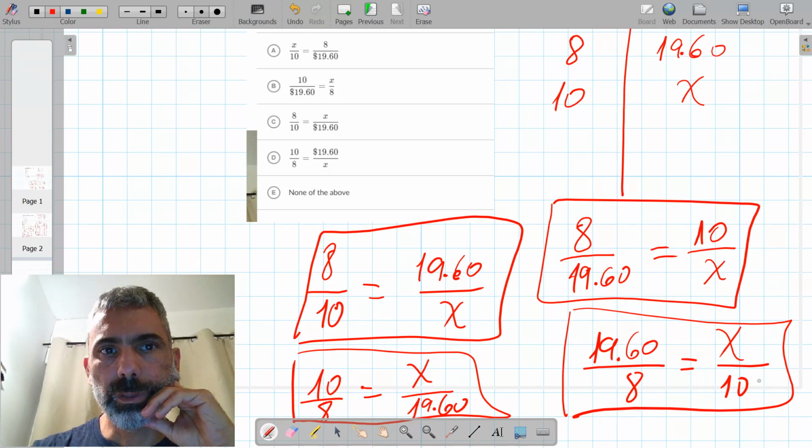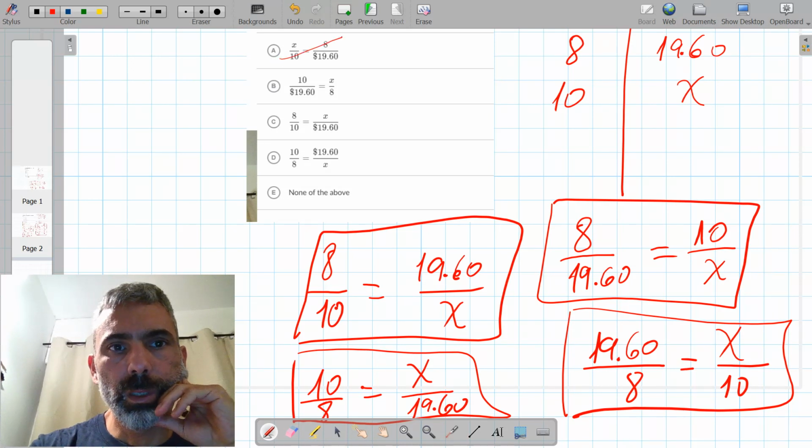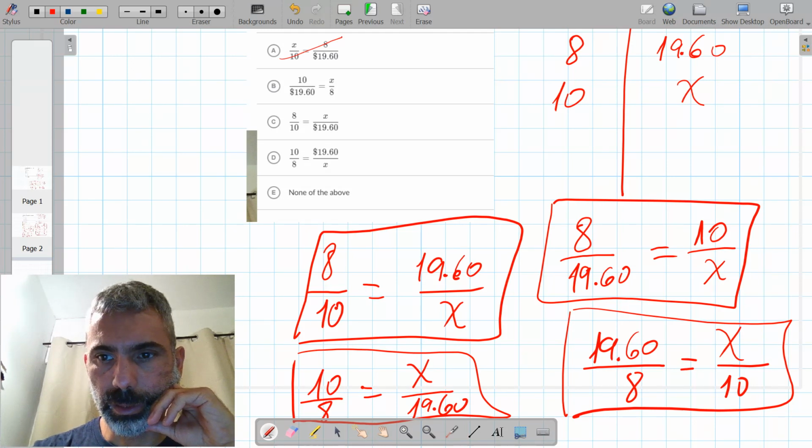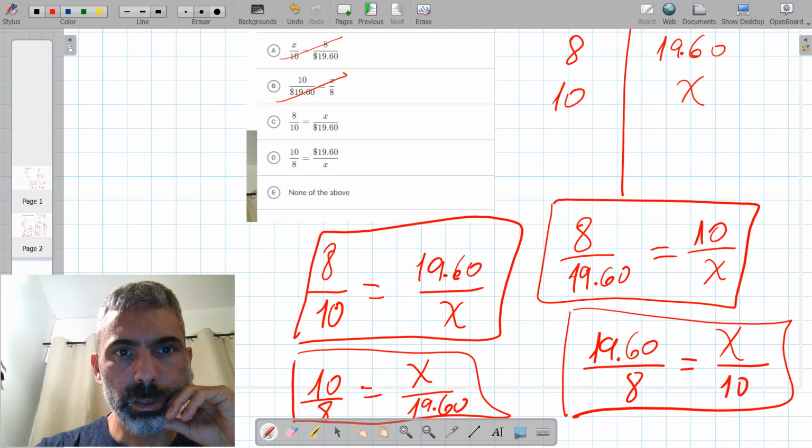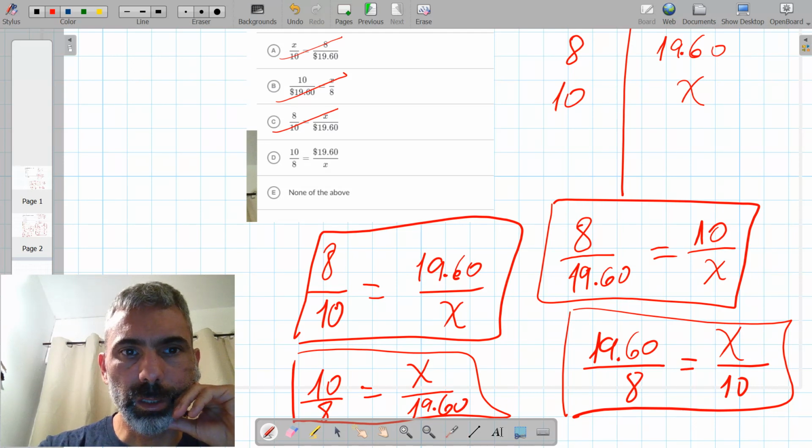So let's see, x over 10 equals, so this is wrong. 10 over 1960, here again they crossed it, so it's incorrect. 8 over 10 equals x over 1960. This is incorrect. 10 over 8, so this is again incorrect.